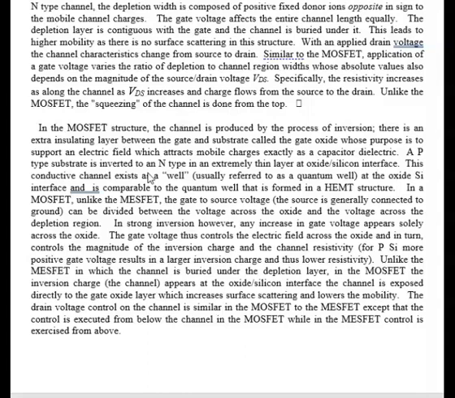The fact that they behave so similarly, I think, is really quite remarkable. In strong inversion, and this is for the MOSFET, any increase in the gate voltage appears solely across the oxide. That is very similar to what we have for a MESFET.